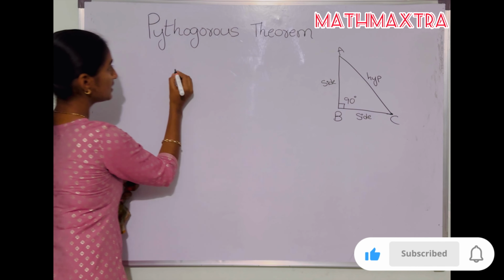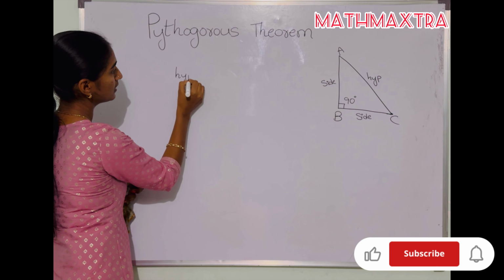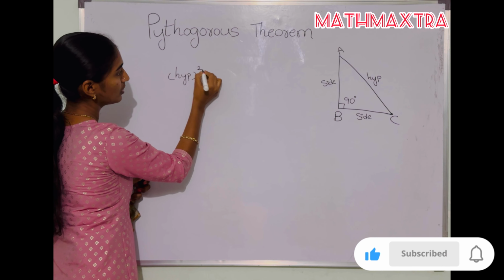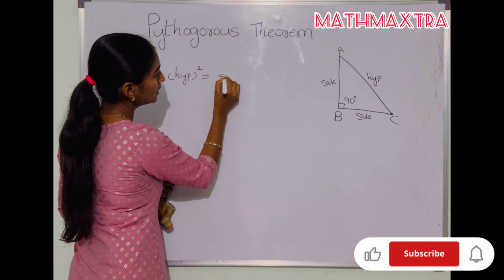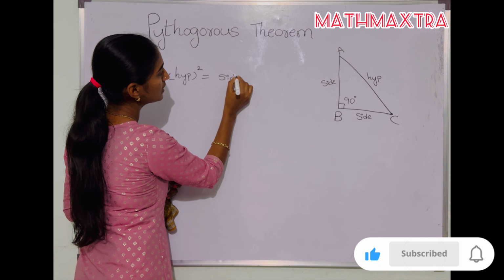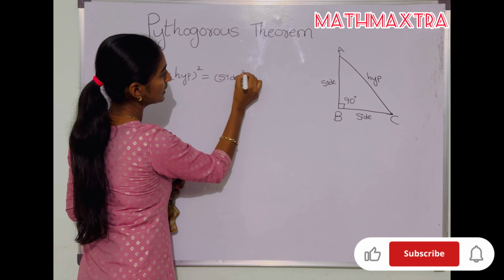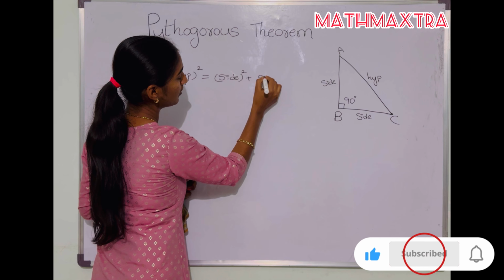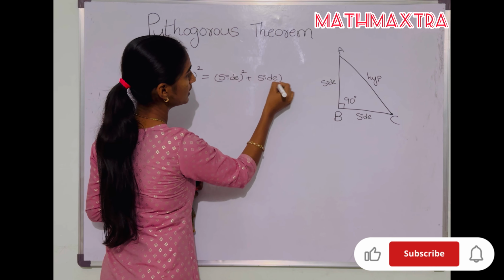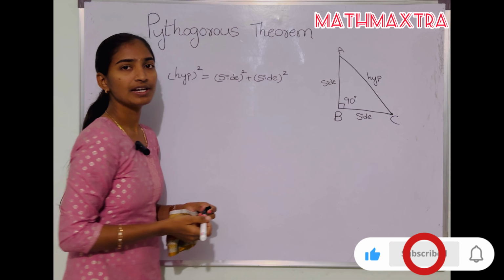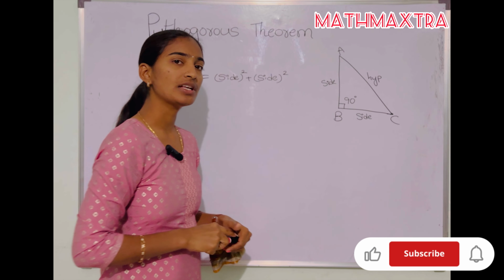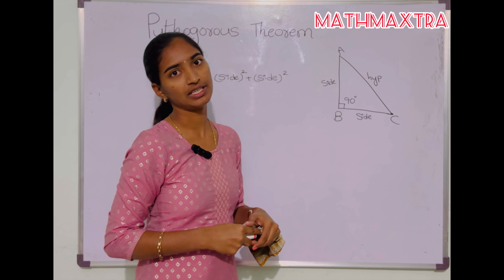So what is the statement? Hypotenuse square is always equal to the sum of the squares of the other two sides. Yes, this is the statement of Pythagoras theorem. This is also called Baudhayan's theorem.